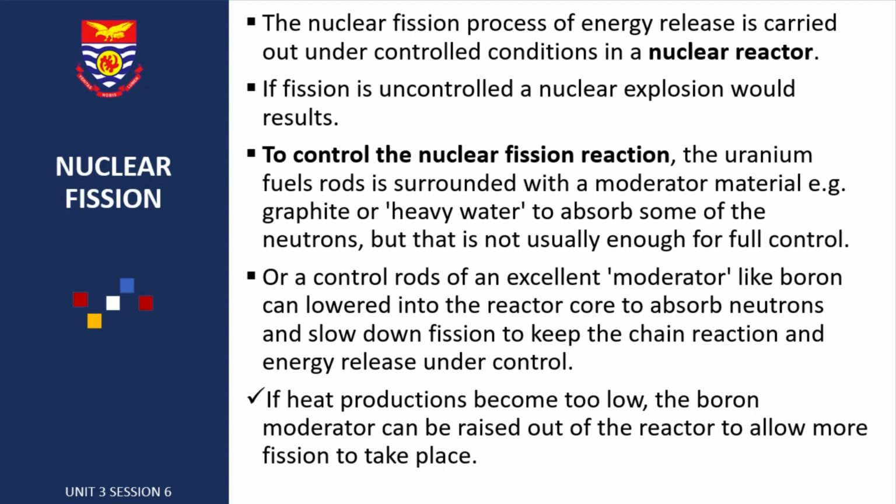So when this moderator is lowered into the reactor core, it absorbs some of the neutrons that are produced, and this controls the nuclear reaction. It slows it down. If the reaction is becoming too slow, that is, lower energy is being produced, the moderator can be pulled out so that the fission reaction can proceed faster to produce larger amount of heat.